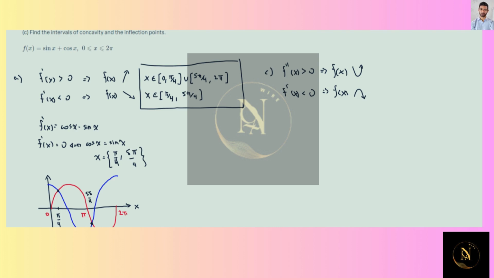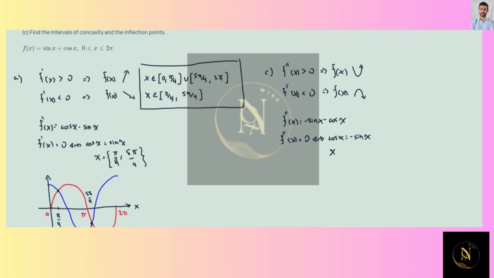And the inflection points, similarly to before, correspond to critical points. So let's go back to our second derivative. F double prime of x we know is equal to minus the sine of x minus the cosine of x. And we find the inflection points by equating this to 0. So in other words, we want to know when the cosine of x equals minus the sine of x.